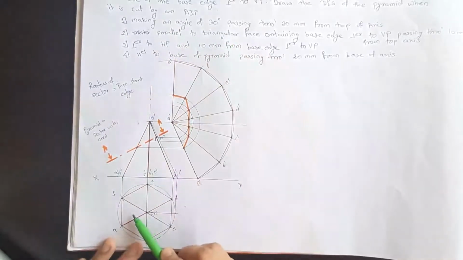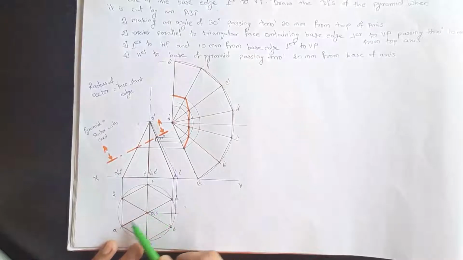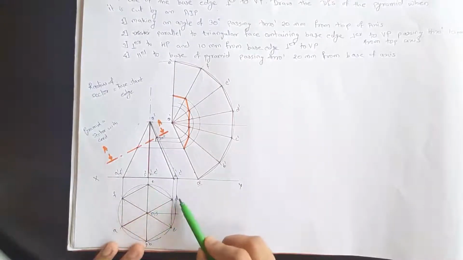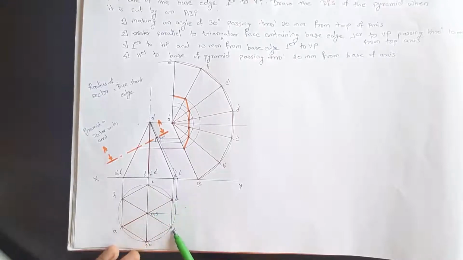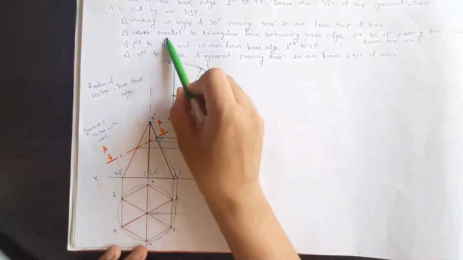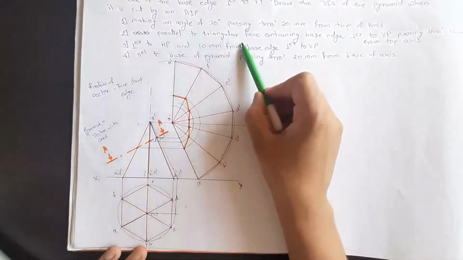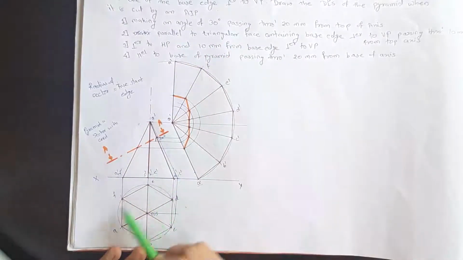You can see here there are 6 triangular faces: AOF, FOE, EOD, EOC, COB and BOA. And it is given that your cutting plane is parallel to the triangular face.